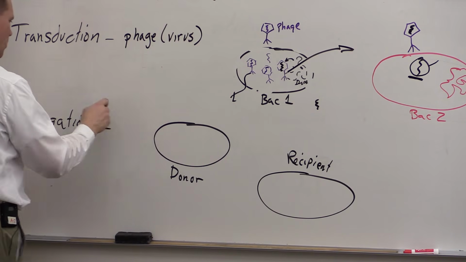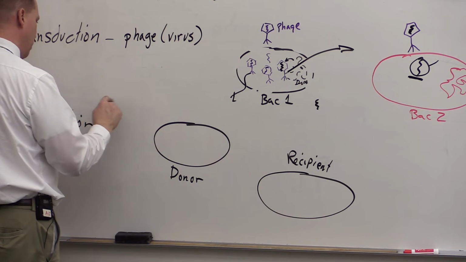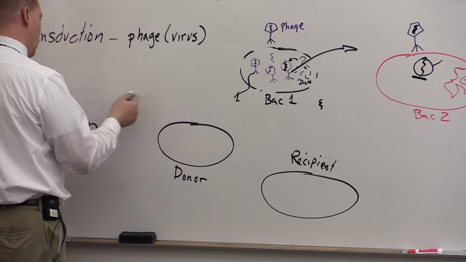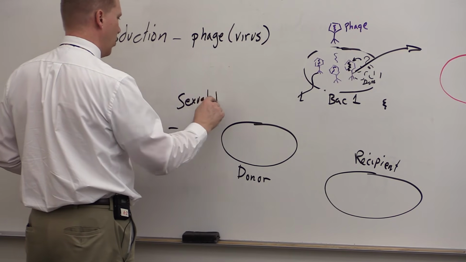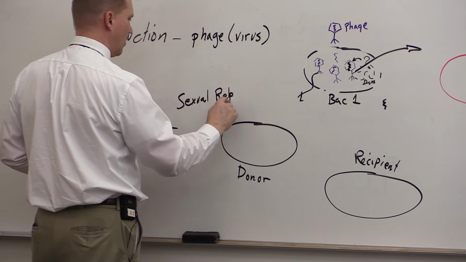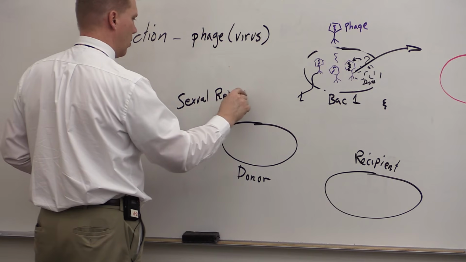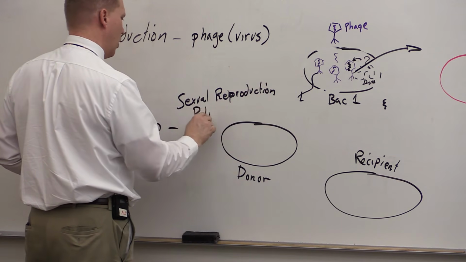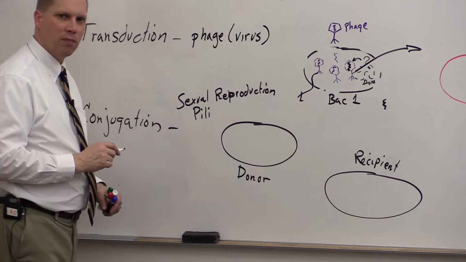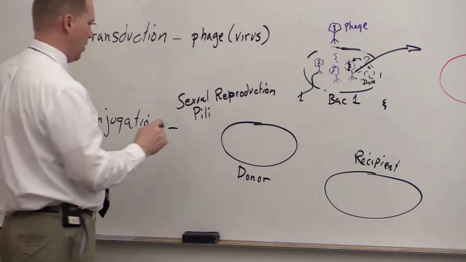And some words that are associated with this, this would be the closest that bacteria come to what we would call sexual reproduction or bacterial sex. It's also where we talked about that word earlier, the pili. This is where the pili are going to come into function.